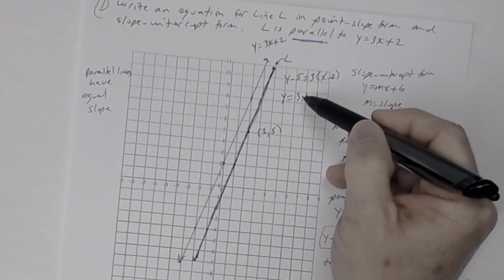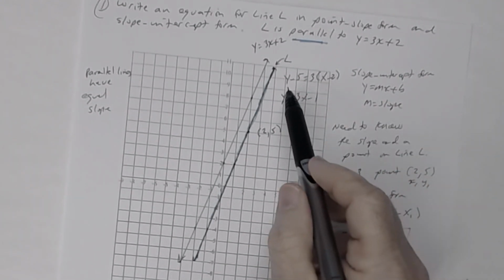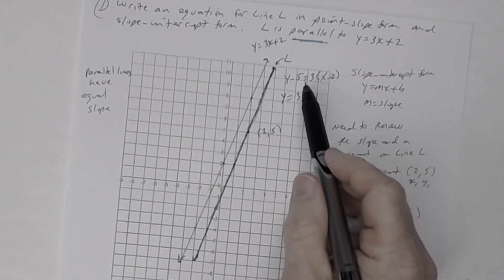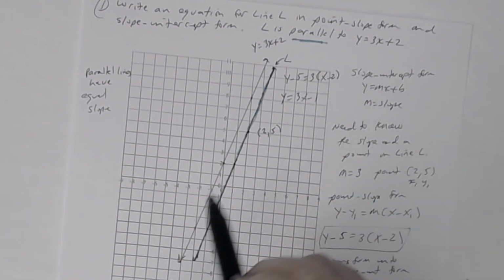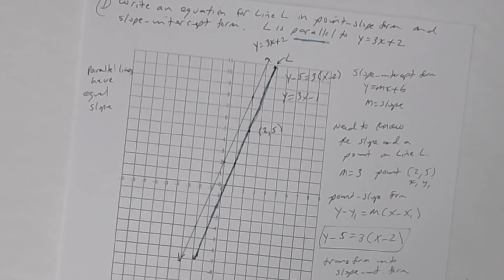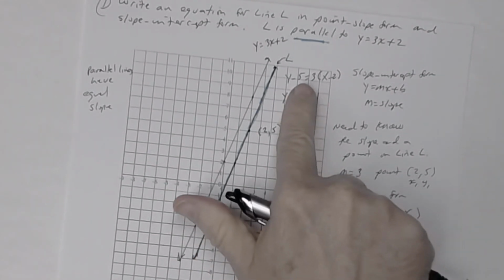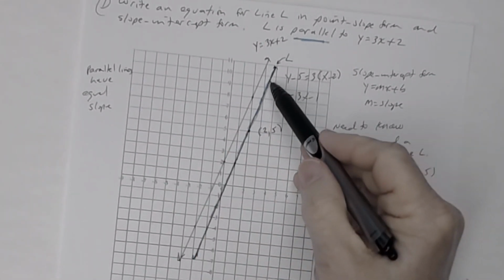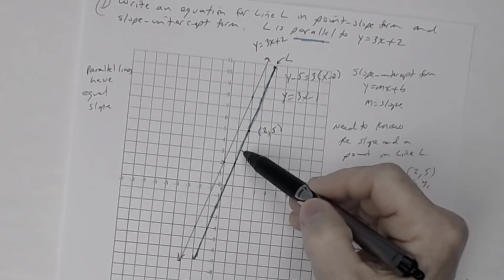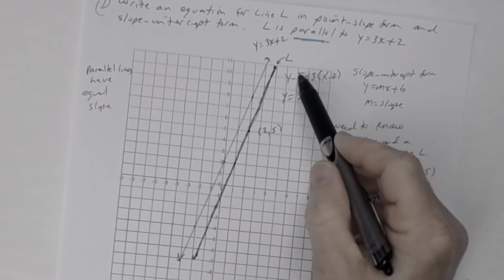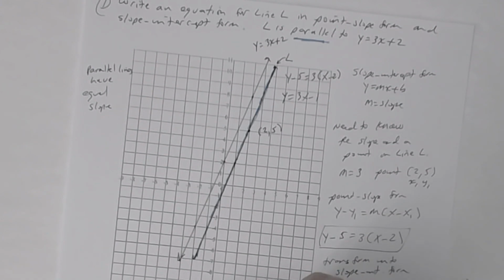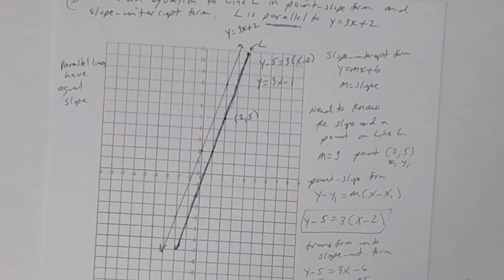They just look different, but they're equivalent because you can always transform this to this and this to this. Also, if you pick any point on this line L, it will satisfy both of those equations. So that is number 1.